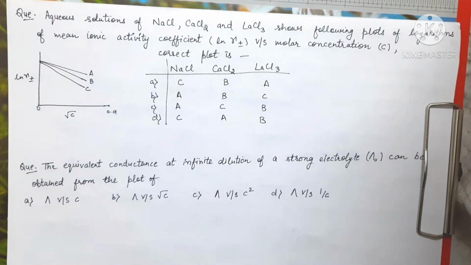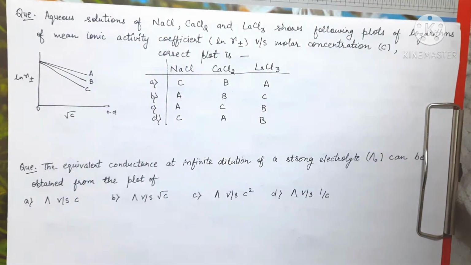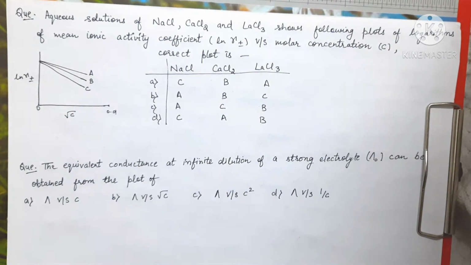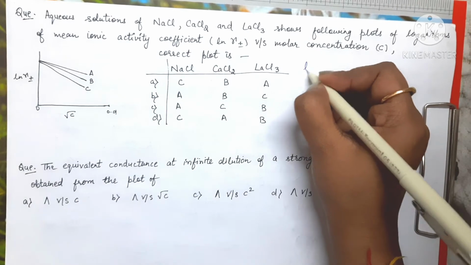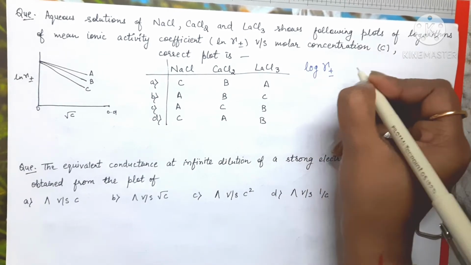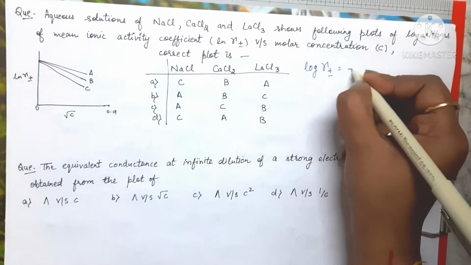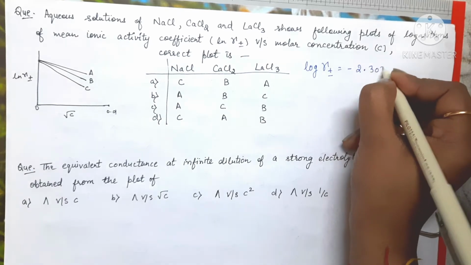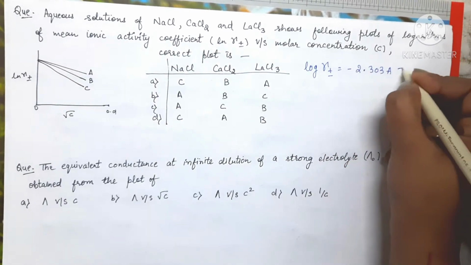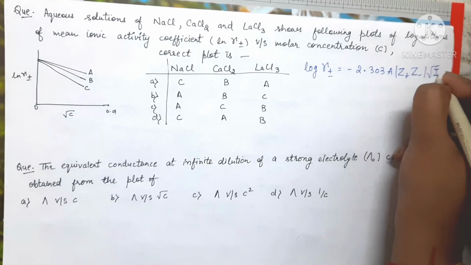They have given the plots names as A, B and C. First of all, you should remember this equation, or you can say the relation between the mean ionic activity coefficient and the ionic strength.